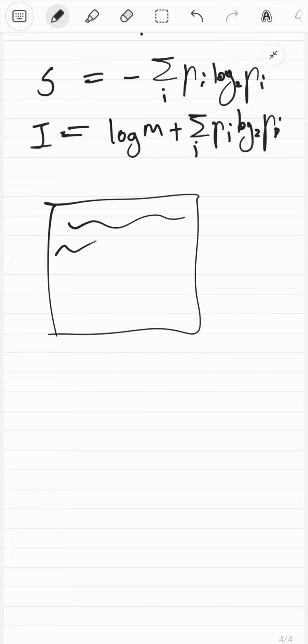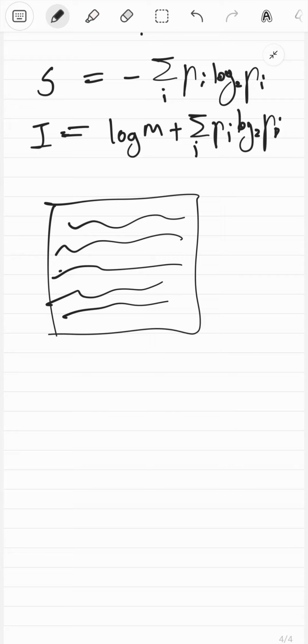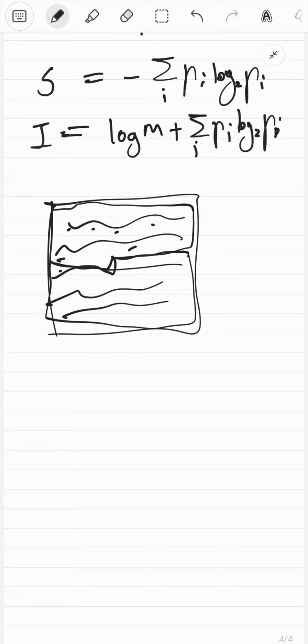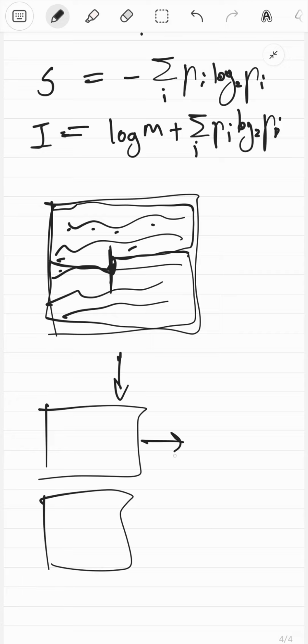You have a big text file, and you have different characters over here. It just so happens that this whole thing contains a lot of characters which are really similar, but this thing contains characters which are quite different, right? So if we partition this text file at this particular point, as in convert this to make two text files, and then we compress both of these text files, this is compressed into a smaller section, this is compressed into a bigger section.